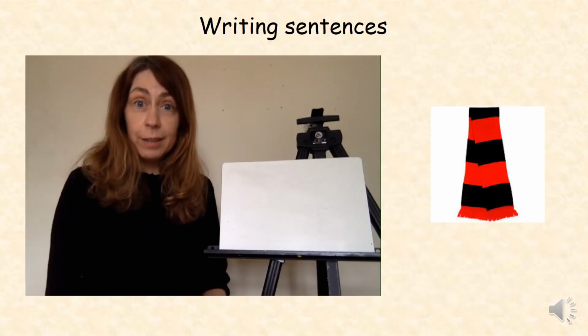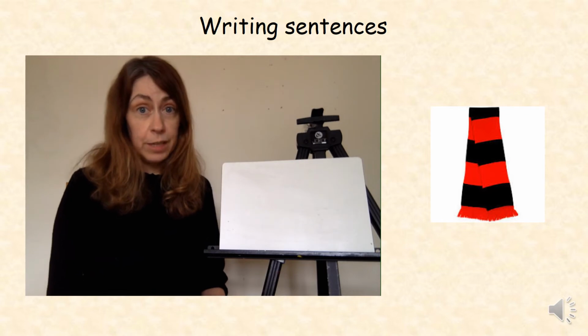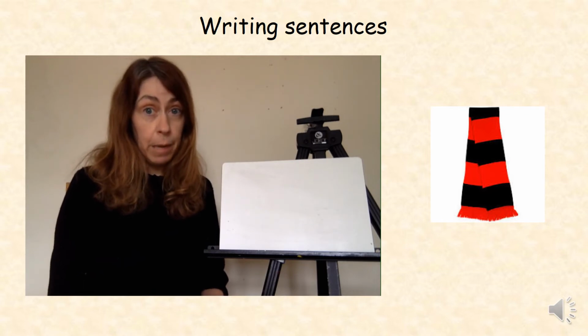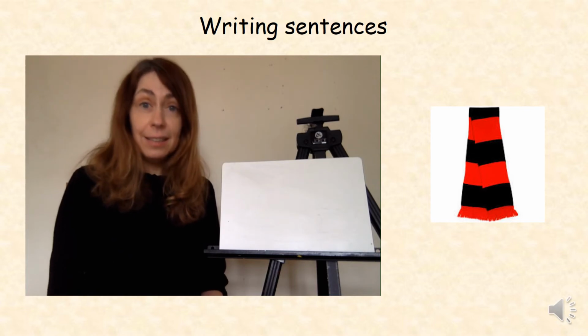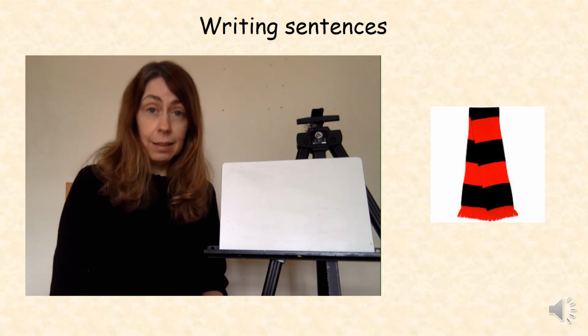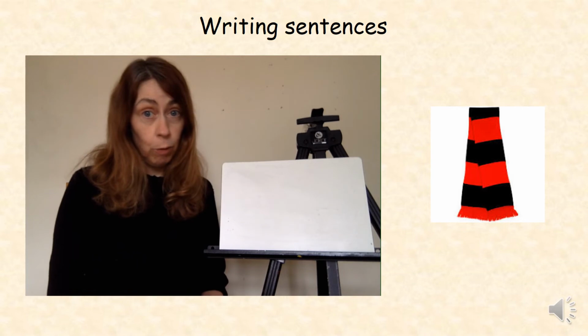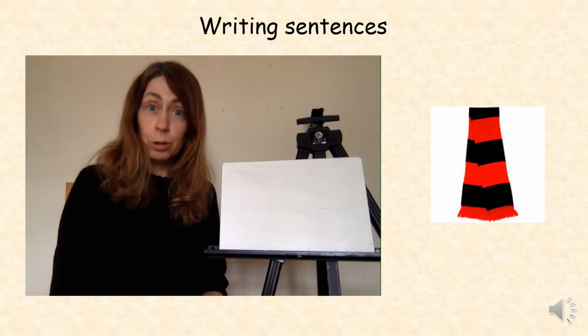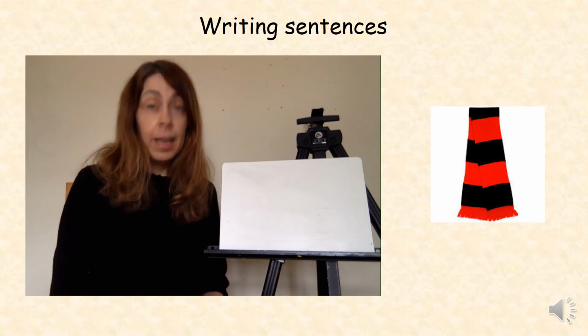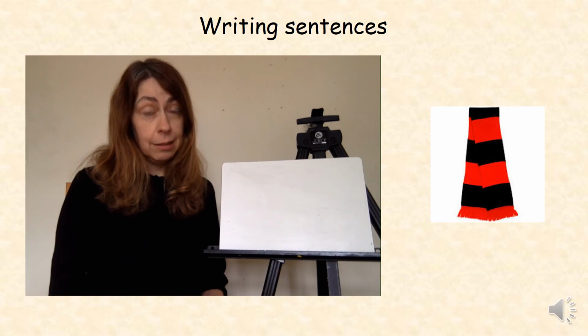Now we're going to write a sentence. Pause the video and tell your adult what you remember about a sentence. That's right, a sentence starts with a capital letter, it has a finger space between words and it ends in a full stop. Now I'm going to tell you a sentence, so listen really carefully.